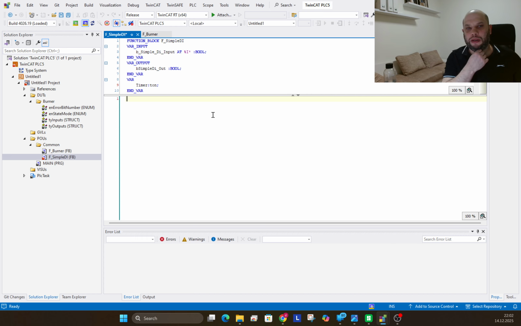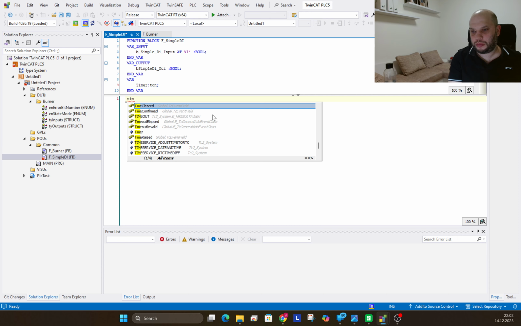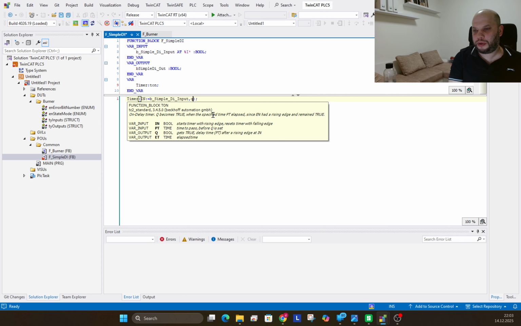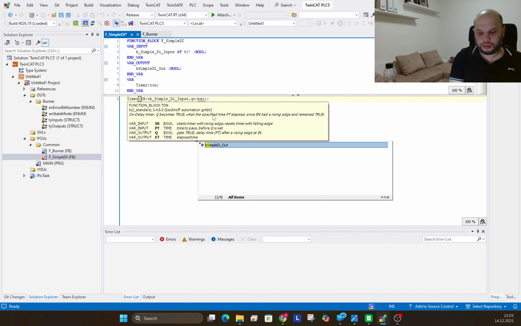Okay, this is also good. Input. Boolean C. Input and output U. Will be, yeah.